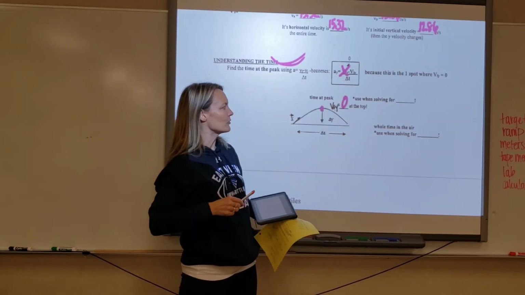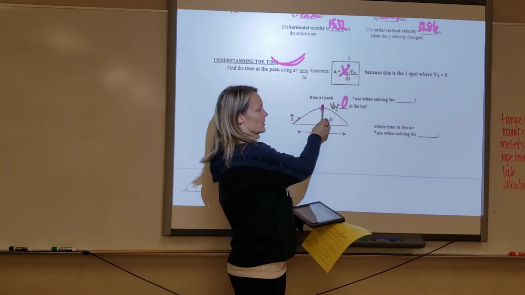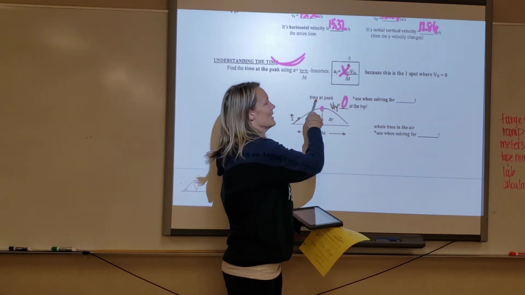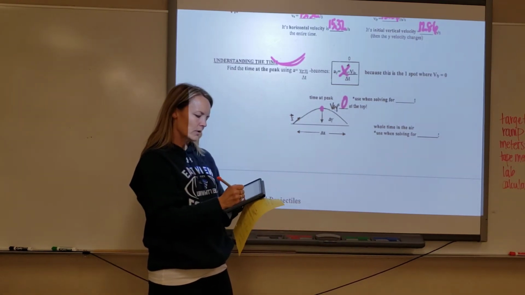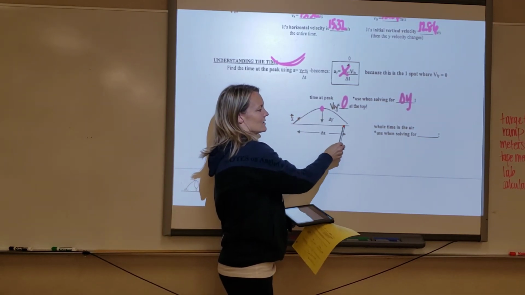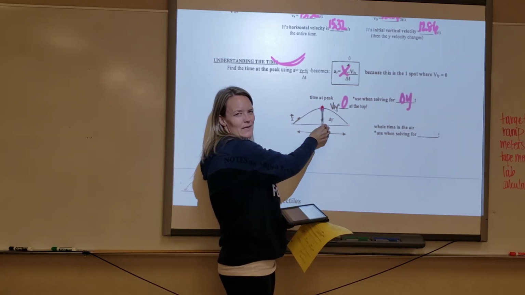So the time that you're finding is the time at the top. If we're looking for height, the maximum height, that's always right there as well, delta y. So the time at the top is what we'll use when solving for delta y. But when we want delta x, all the way over here, the horizontal distance is this full distance over here. This time would only get us half of it.